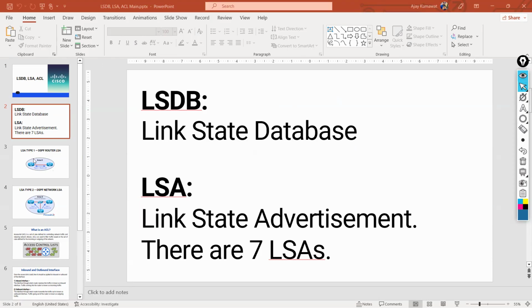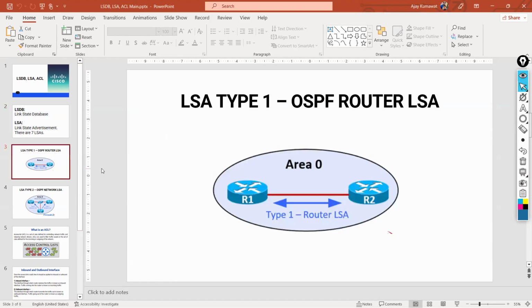The 2 types of LSA that we have: type 1 LSA, which is the router LSA. The first thing you need to know about it is that this particular LSA is generated by all the routers in an area.